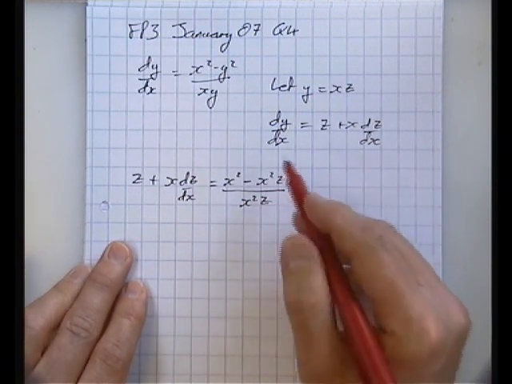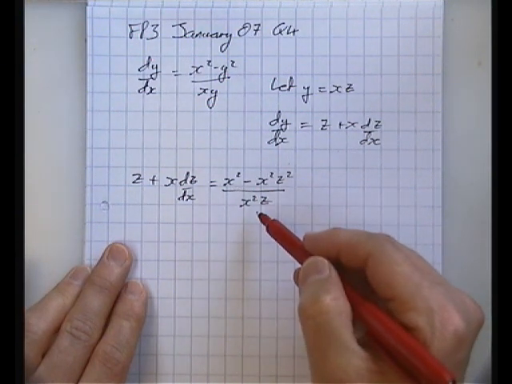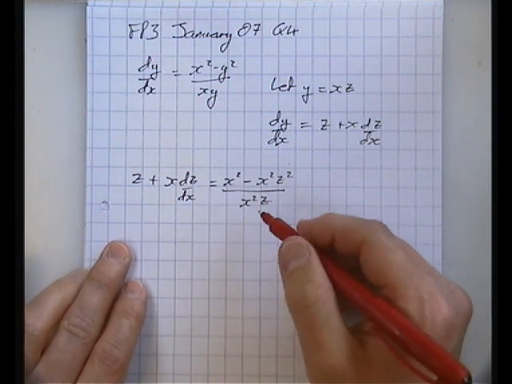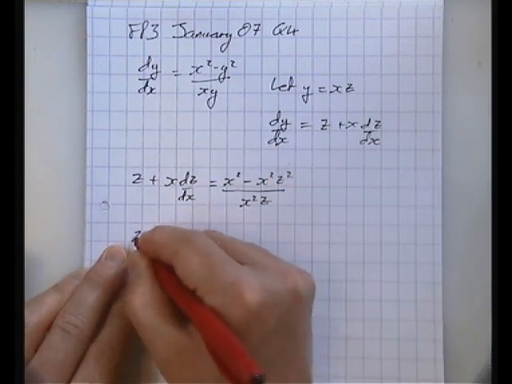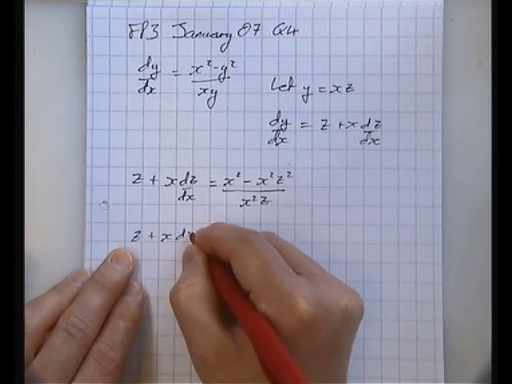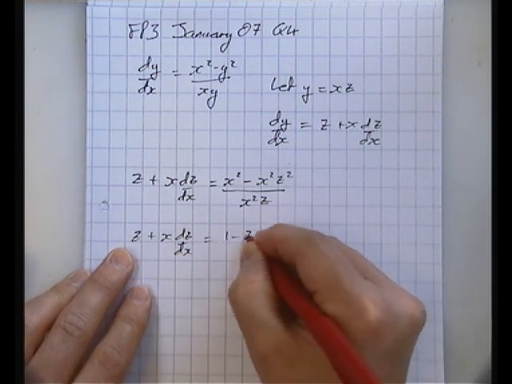Right, I can immediately see that I can cancel x squared from the top and the bottom here, and actually end up with z plus x dz/dx is equal to (1 minus z squared) over z.